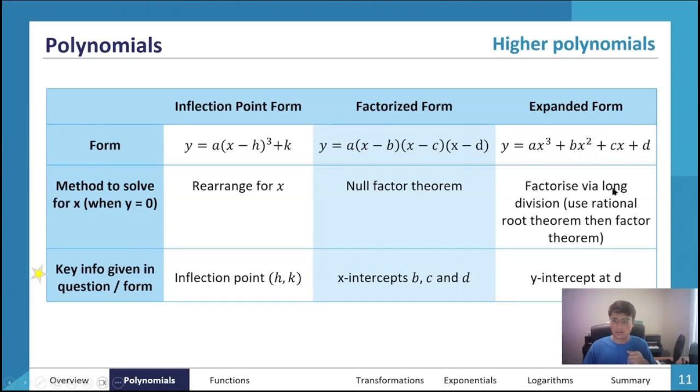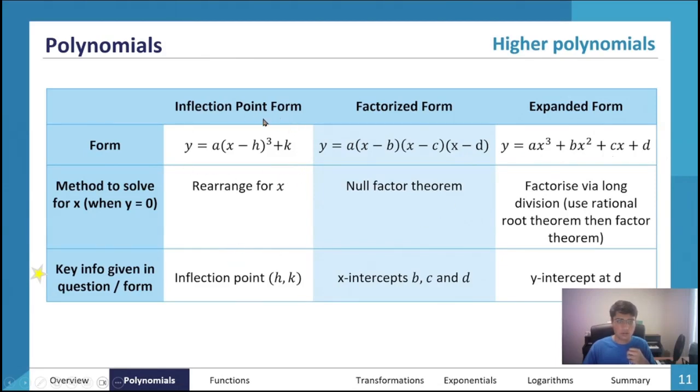We instead have to factorize via long division to get to factorized form. And the way we do that is using the rational root theorem and then the factor theorem. And then from there, we can apply the null factor theorem to solve for x when this cubic is equal to 0.